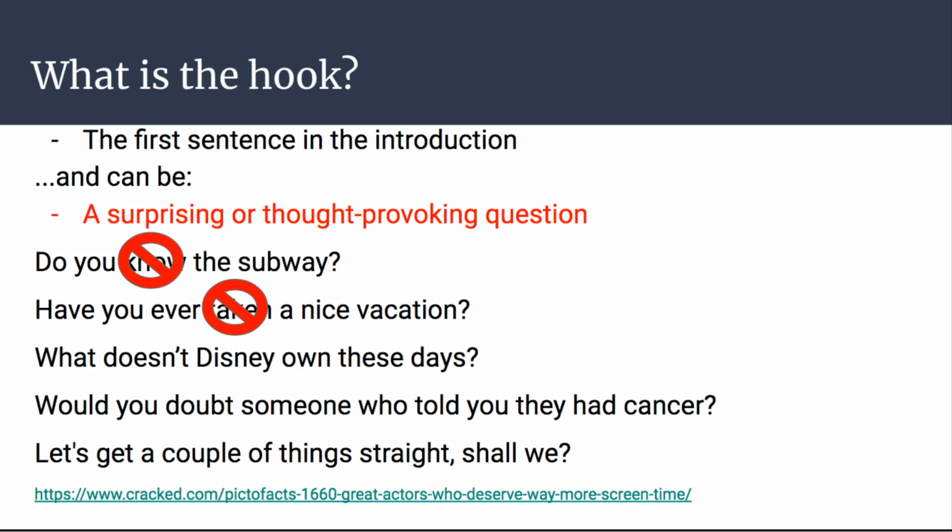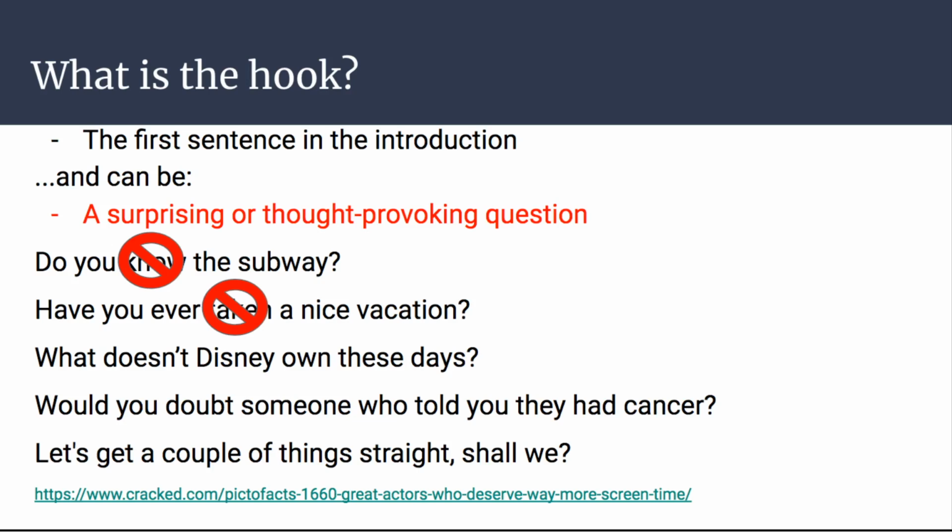And the last one, "let's get a couple of things straight, shall we?" It's a question, but it's a rhetorical question, meaning it doesn't actually expect you to think of an answer. And again, this is starting off kind of humorously in quite an aggressive way. So basically saying, I'm going to tell you some facts, right?